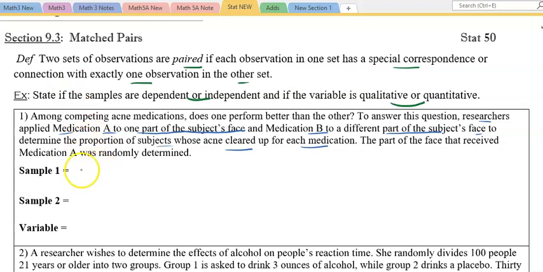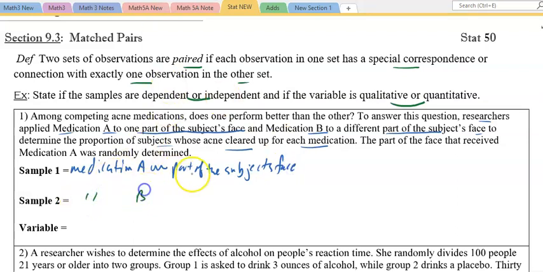So subject 1, we could say sample 1 is medication A on part of the subject's face. Sample 2 would be medication B on parts of the subject's face.